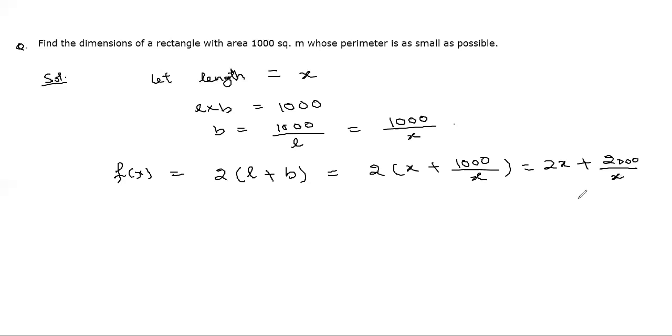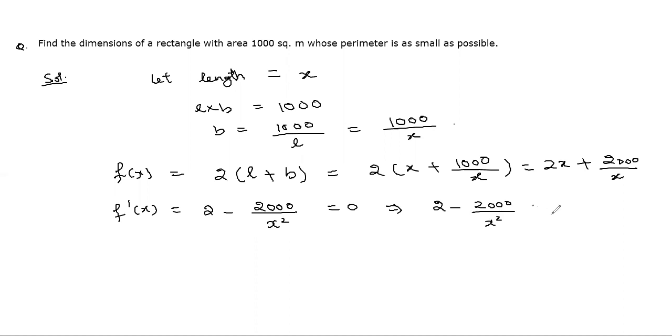Now to minimize this function, I need to find the first derivative. The derivative of this function is 2 minus 2000 over x square, and equating it to 0 to know the critical point.